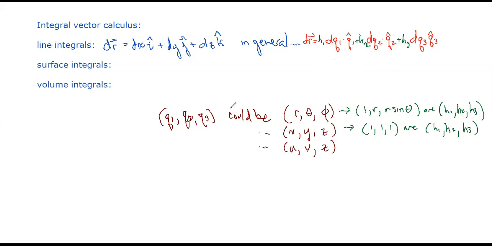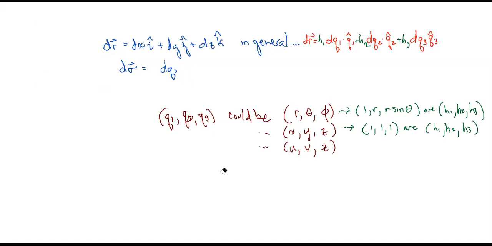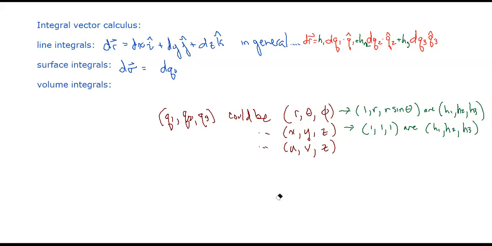Okay. So in that terminology, I have d sigma, and I could say that this is true, dq1 dq2. What's wrong with that? So think about theta and phi, for instance.